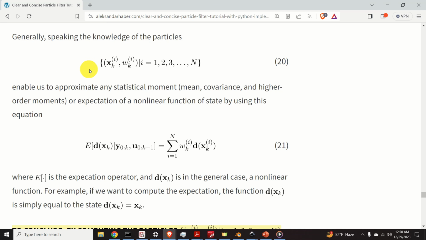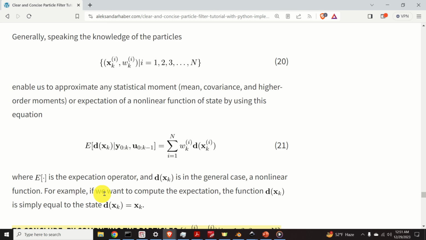Generally speaking, the knowledge of the particles represented by this set enables us to approximate any statistical moment, that is, mean, covariance, and higher order moments, as well as the expectation of a nonlinear function of the state by using this equation, where E is the expectation operator and d of xk is, in the general case, a nonlinear function.